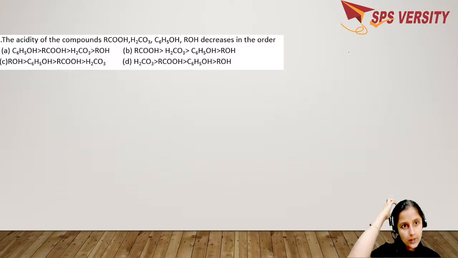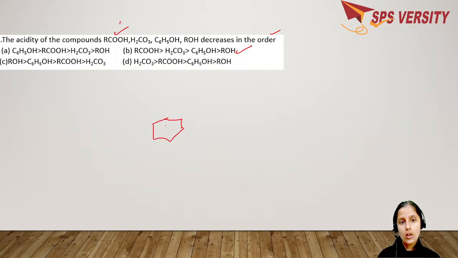The acidity of the compounds RCOOH, H2CO3 and all is. We know that carboxylic acid is a better acid because it is going to give you H plus soon, because it is attached to the C=O, compared to the carbonic acid. So RCOOH comes first, so that would be this one. But still we go ahead.